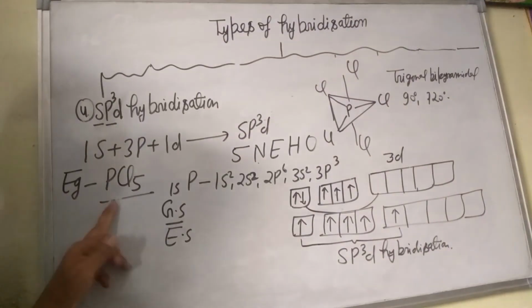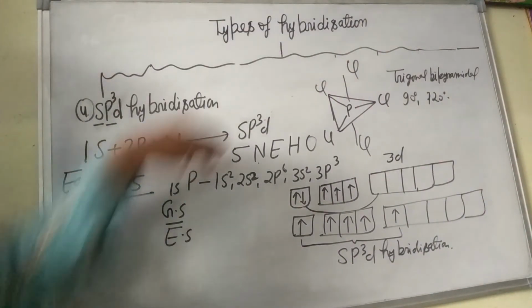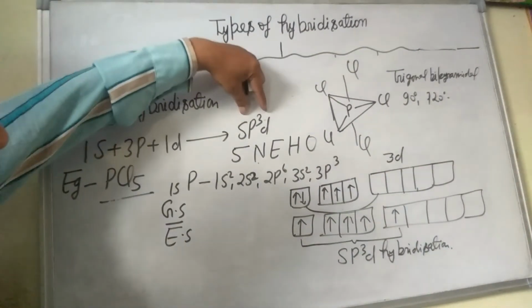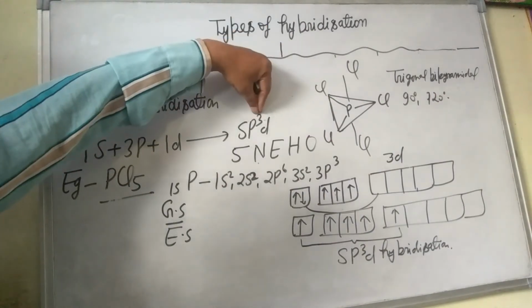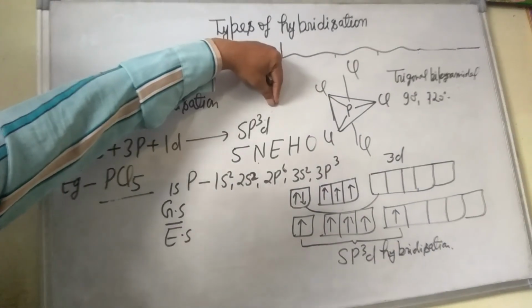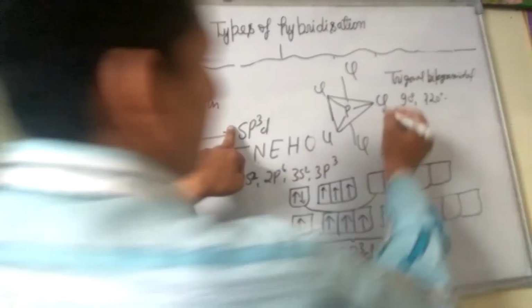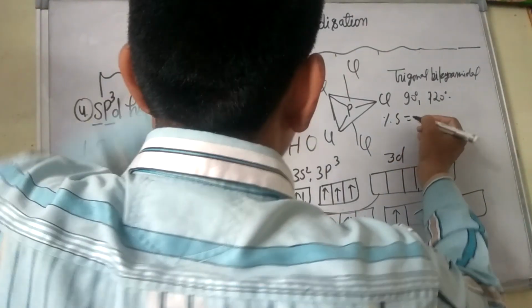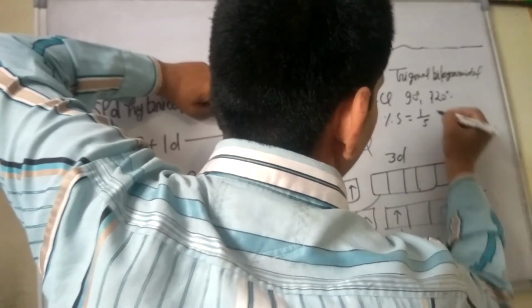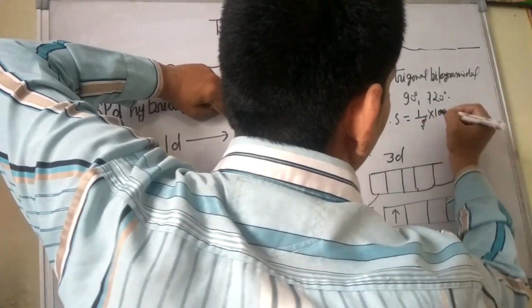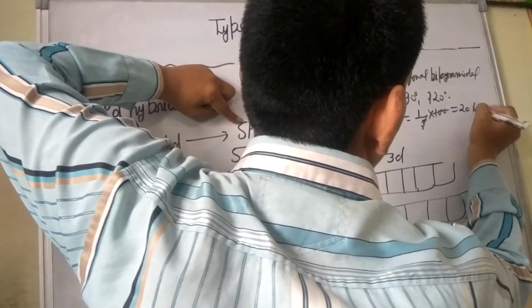After this, percentage s character is 1 s upon total orbitals 5, into 100, we get 20%.